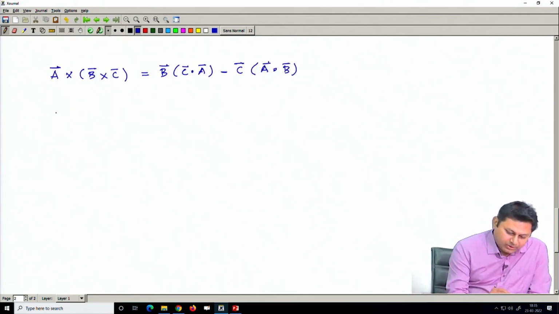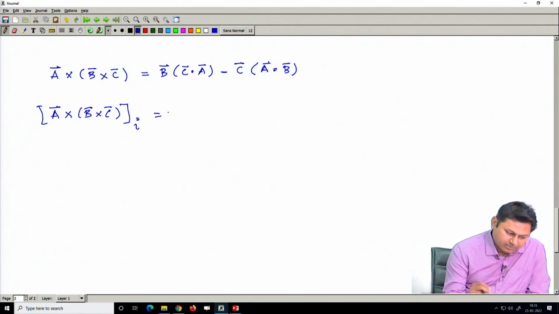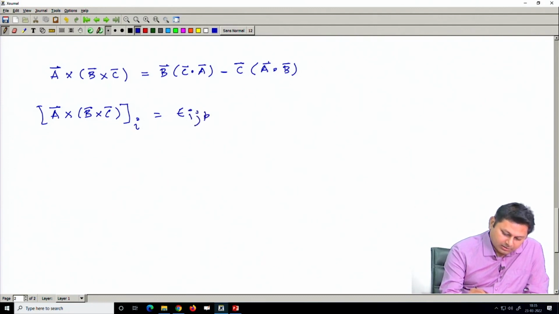So, like the way we did in the previous case, for A cross (B cross C), if I want to find the ith component of this vector quantity, it will be simply epsilon I j k A j, and whatever I have here, the vector quantity B cross C, the kth component of that.